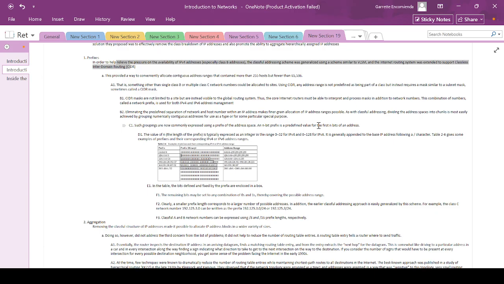And the internet routing system was extended to support classless interdomain routing. So this is CIDR.